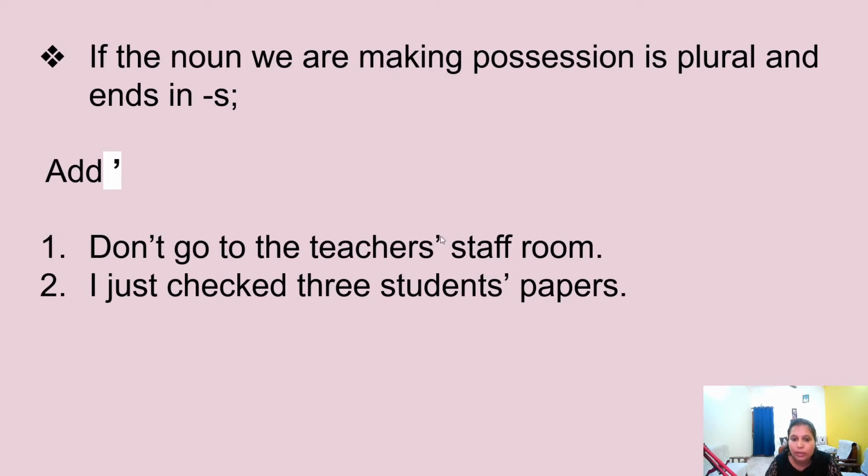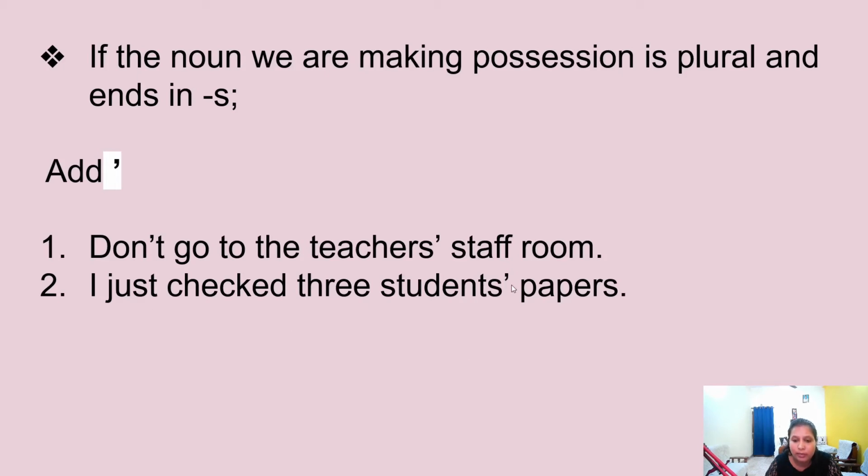It doesn't belong to one teacher, but it belongs to all the teachers. In that case, we should put the apostrophe at the end of the word. Our next example is, I just checked 3 students' papers. I have checked 3 students' papers.